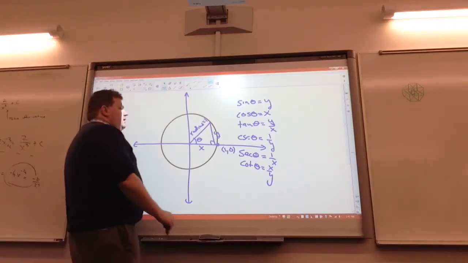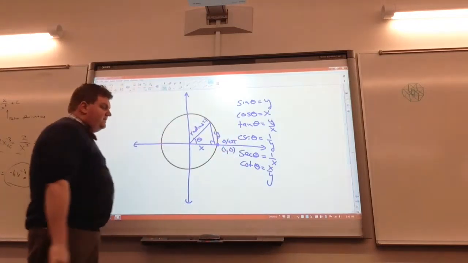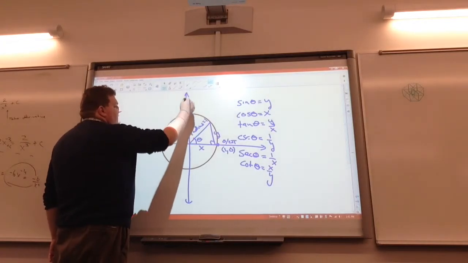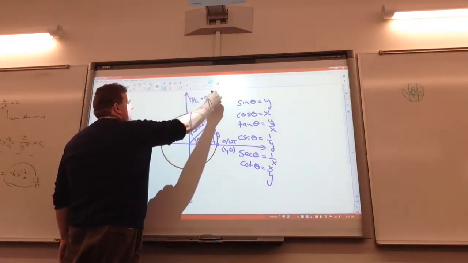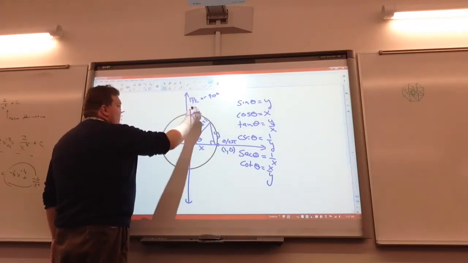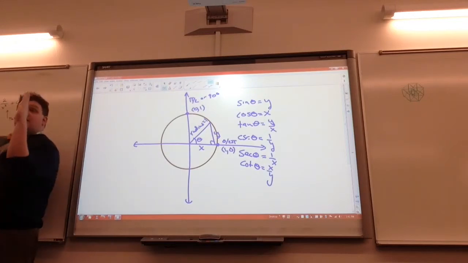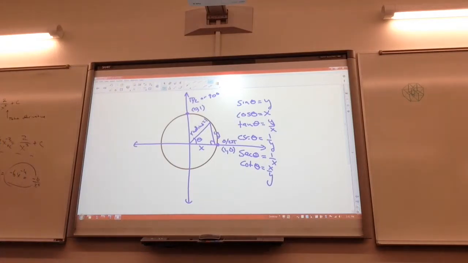So this is at 0, or 2 pi, or 0 or 360 degrees. Up here, at pi over 2, or 90 degrees, I have the coordinates 0 for x, 1 for y. A right angle is pointing straight up, so the x value is 0 and the y value is 1.